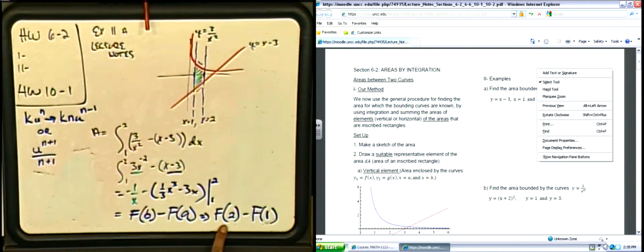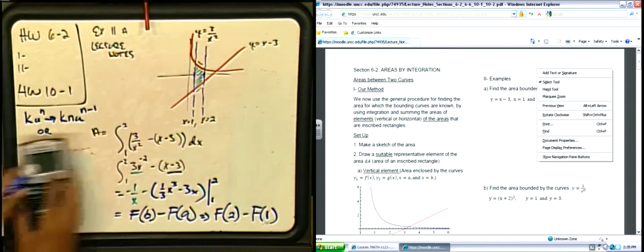All that's doing is plugging 2 into the function where the x's are, minus 1 where the x's are. And you can easily do that with your calculator.